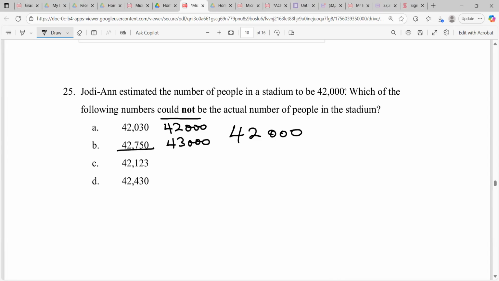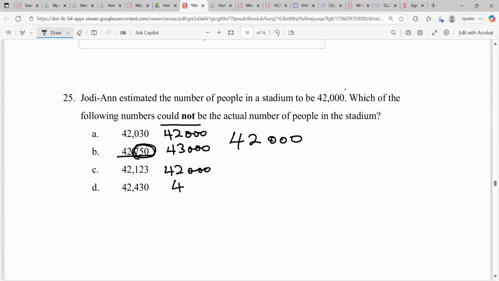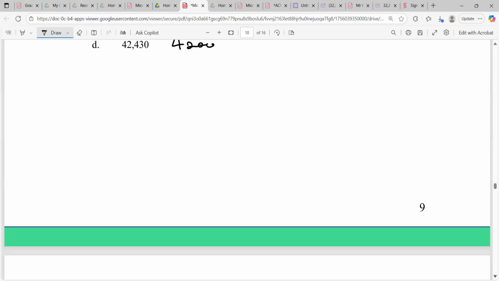And the fact is because this passed 500, right? So this would be 42,000. And this will be 42,000 as well because it doesn't reach 500. So the one that would have been the answer would be B. Let's move on to 26.